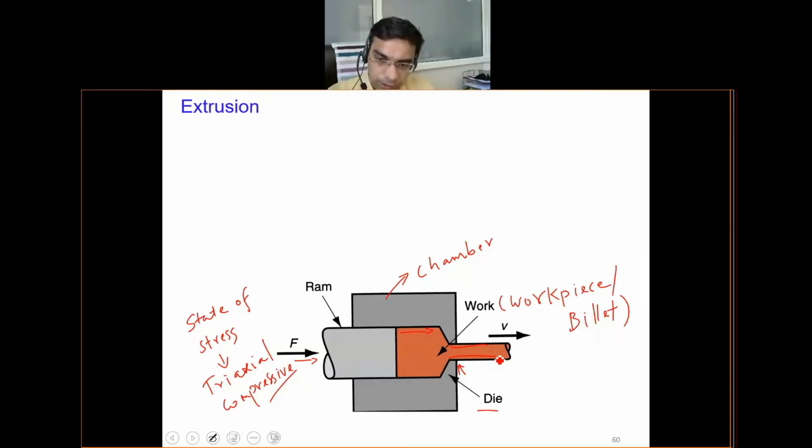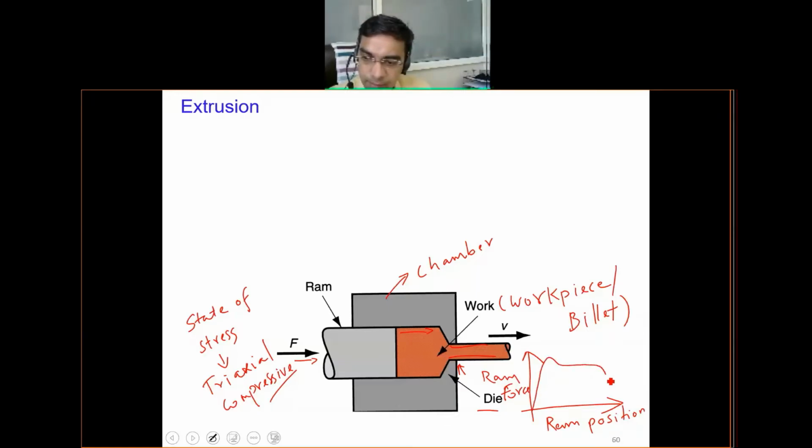So if I plot this graph between ram position and ram force, it follows a trend like this.